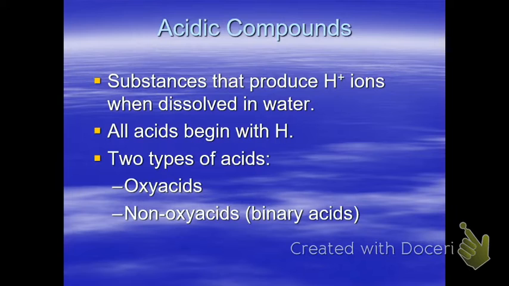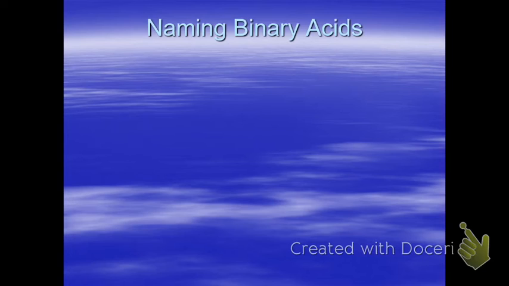Now think about that first word, oxy acid. Think about what that means. It means exactly what it sounds like: acids that have oxygen in them. Non-oxy acids are acids that don't. Each one has its own set of rules. So let's talk about the second group first, because they're a little simpler.